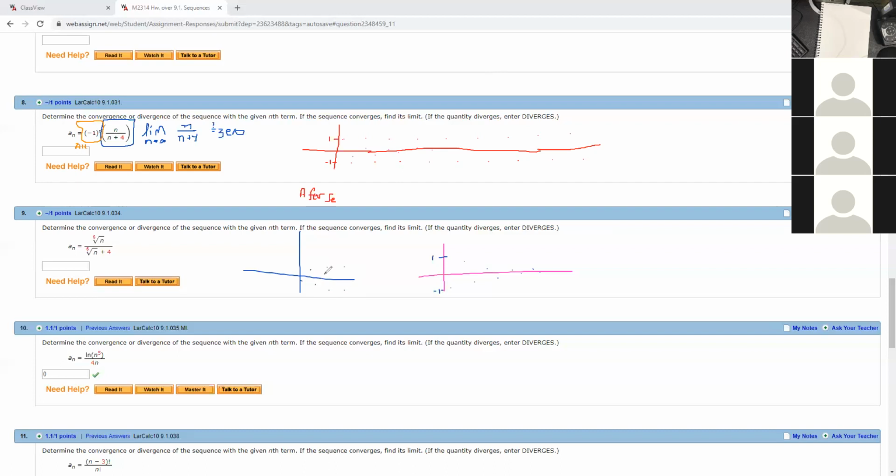See here, it's alternating, and on one side it might be getting closer to some number, and on the other side it might be getting closer to some number on the negative side.